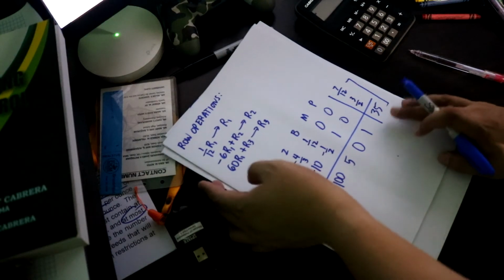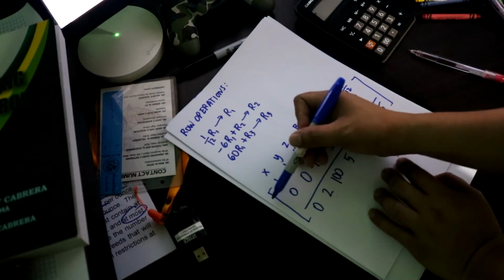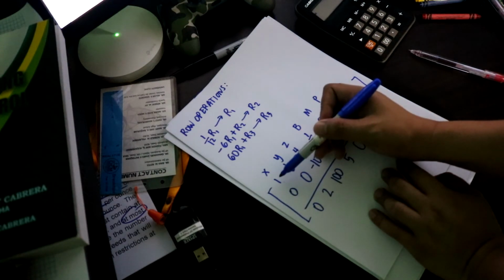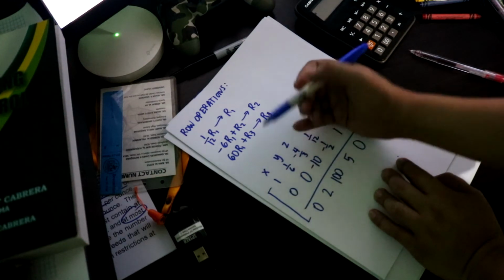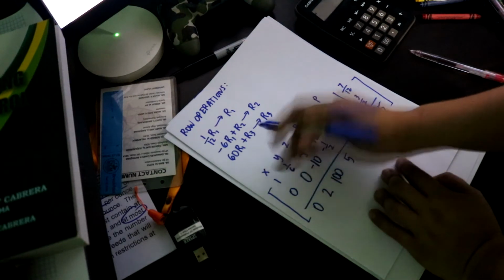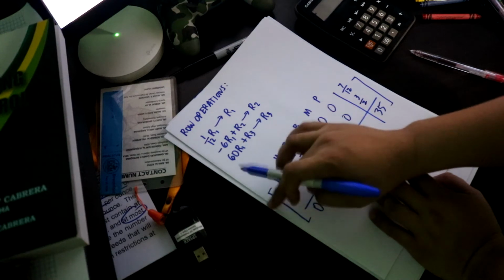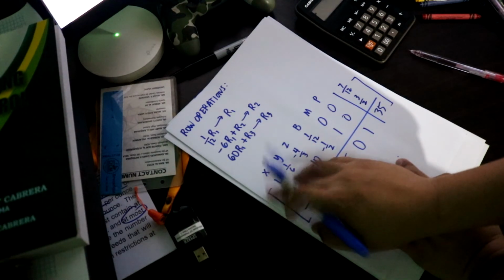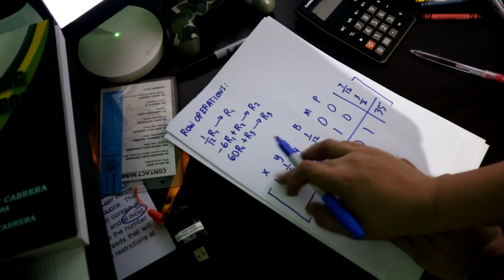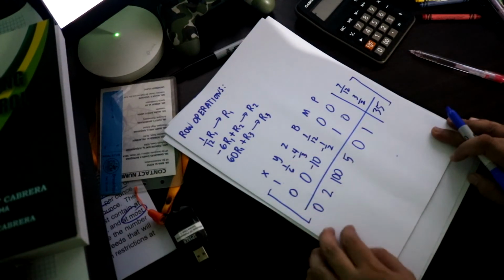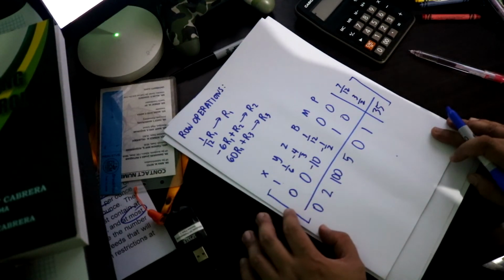But in the maximization process, we have to write the slack variables here, and we have to substitute one variable to our slack variable, the one that intersects the pivot element. But we don't have to do it here in a minimization problem.